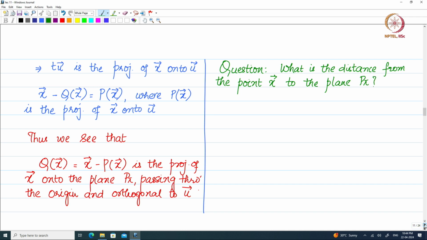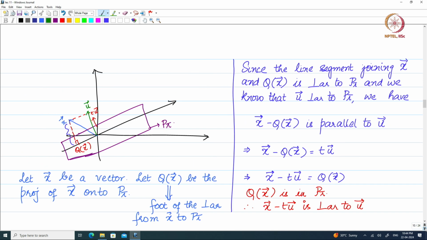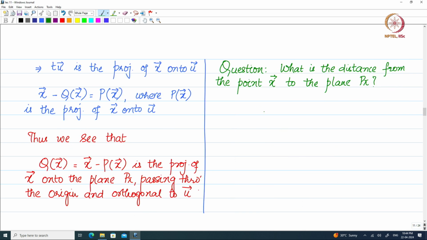Right. So, let us look at this. What are we trying to ask? We are asking what is going to be this distance. This is the distance that we want to calculate here. So, how are we going to do it? Let us redraw this again and then check.